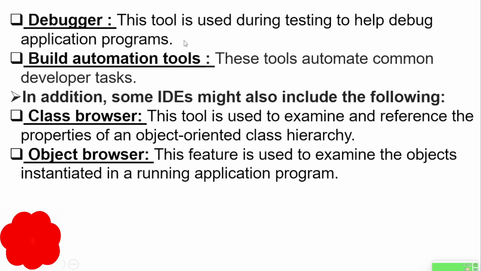They have a debugger. This tool is used during testing to help debug application programs, whether there is an error or not. Build automation tools automate common developer tasks.